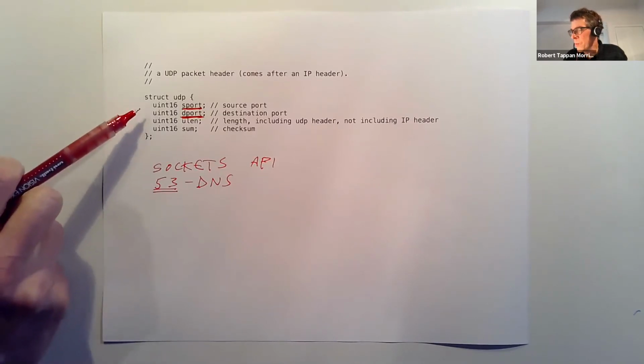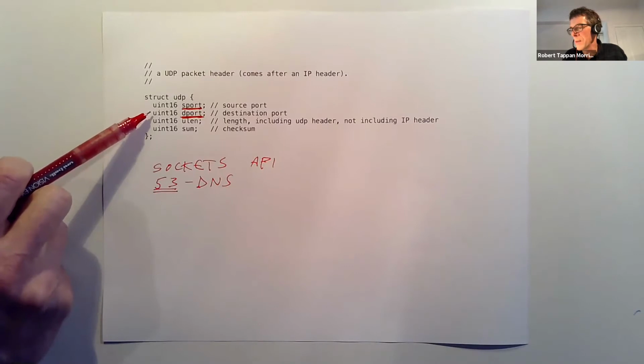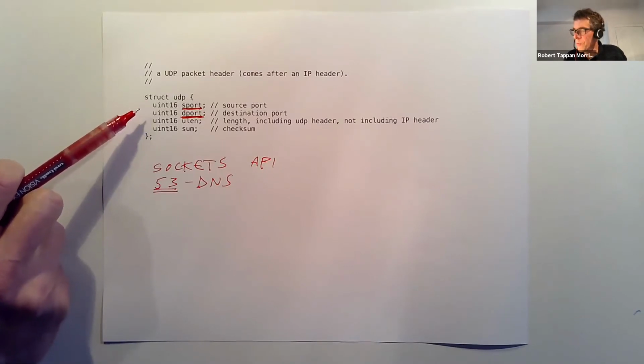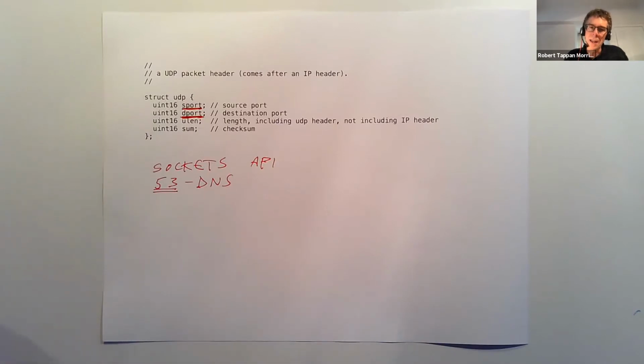And then the remainder of the 16-bit port number space is used for the anonymous client ends of ports.